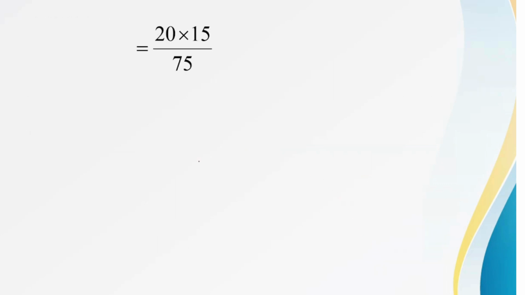This becomes 20 into 15 by 75. 15 ones are 15, 15 fives are 75. So 5 ones are 5, 5 fours are 20. So our answer is the water to be added is 4 kgs.